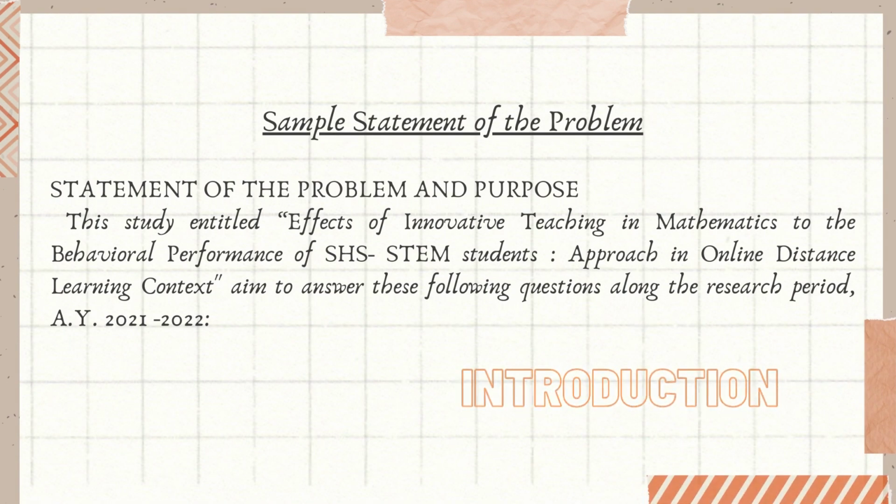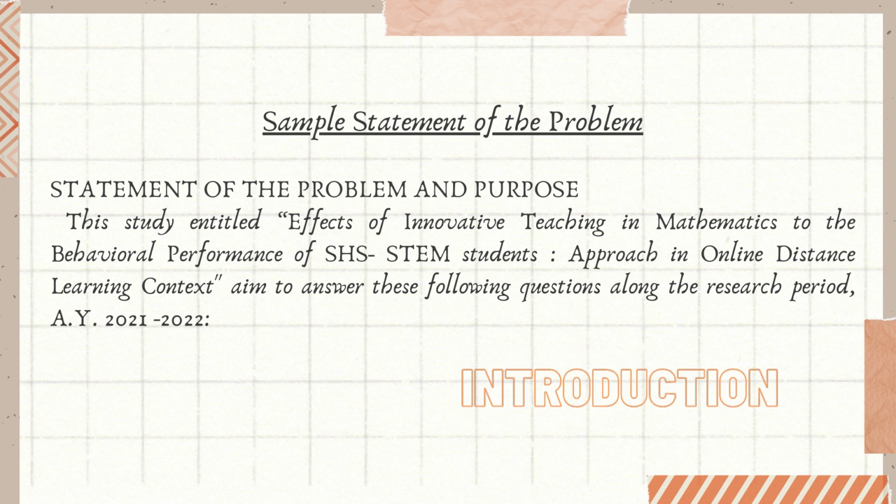Okay, so for the statement of the problem and purpose, this study, entitled Effects of Innovative Teaching in Mathematics to the Behavioral Performance of Senior High School STEM Students, Approach in Online Distance Learning Context, aims to answer the following questions along the research period academic year 2021 to 2022.